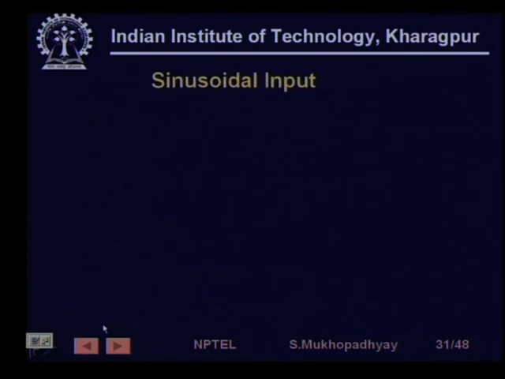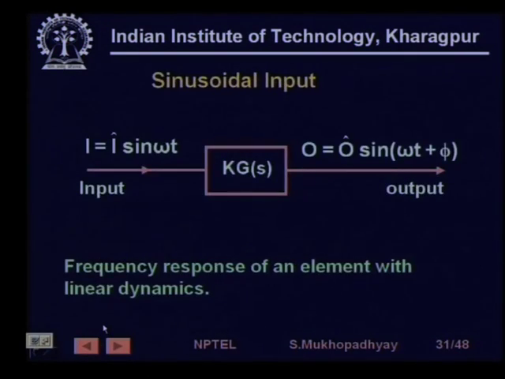So, if we have a sinusoid, this is my instrument. I am applying I sin omega t. Typically, if the instrument is supposed to be linear, then you will get a sine wave as output too, but that sine wave's magnitude will be different from the magnitude of the input wave, and it will also develop a phase lag.